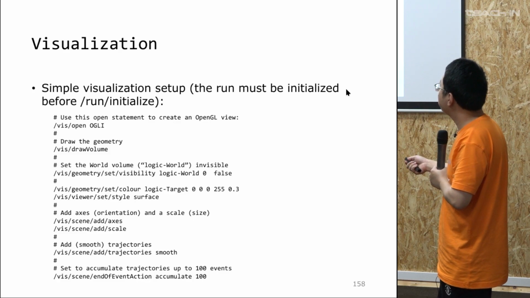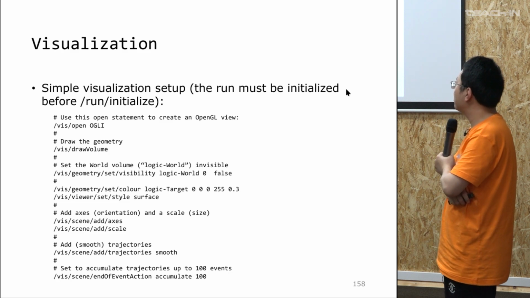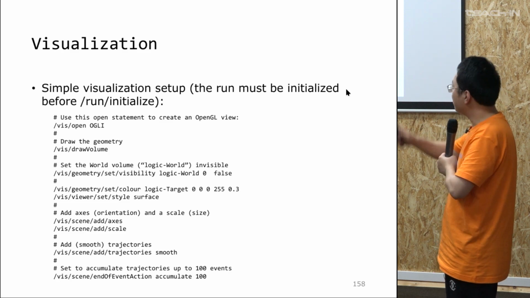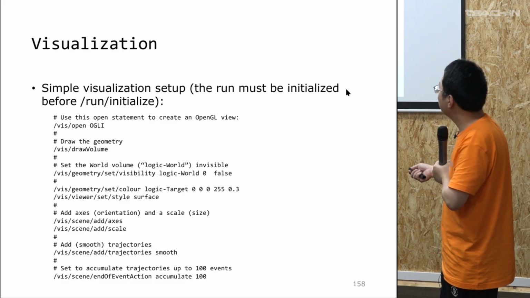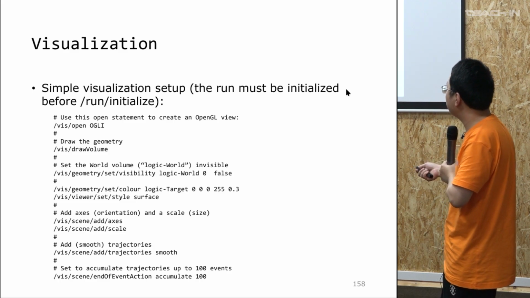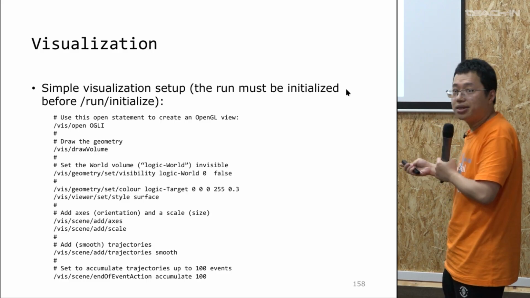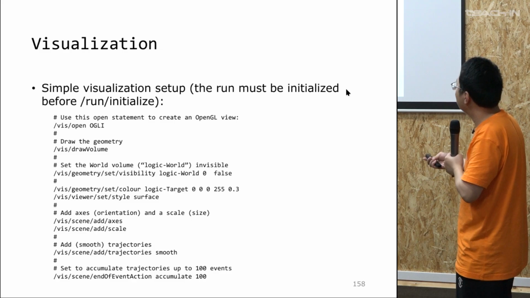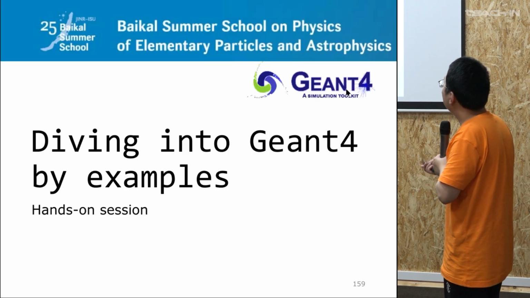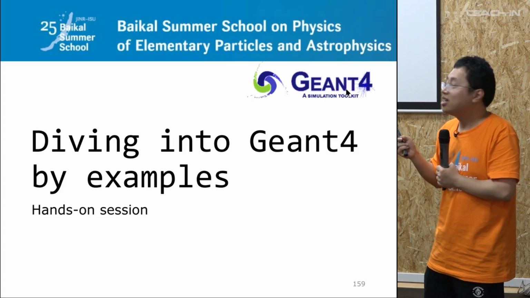And for sure, you can change the color and set the style. Sometimes you want to add additional axes so you can know the XYZ direction. You can also use additional commands to control whether you want to store the trajectories, and whether you want to accumulate events in the visualization part.